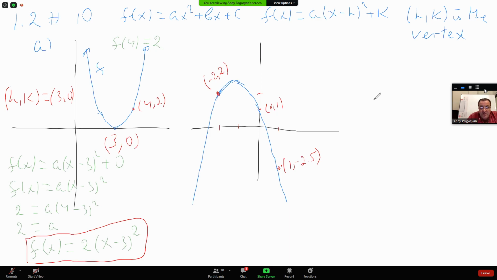Now, for the second one, 3 distinct points are given to you. So that means a unique parabola you can find. But which form of the equation do we need to use now?